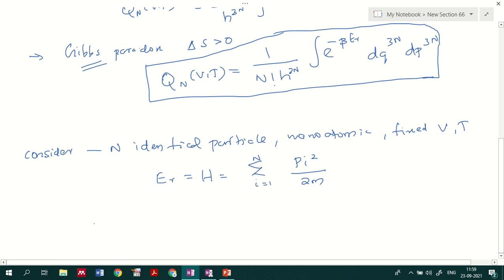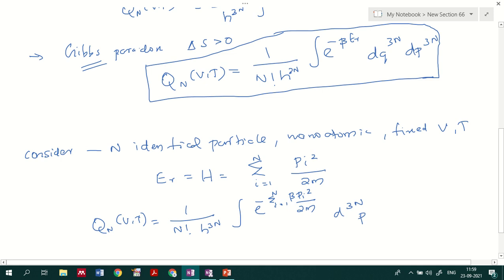Let me say that the partition function then, if I substitute this energy in the above partition function, I'll be having 1 by n factorial h raised to 3n integral e raised to minus the sum over i equal to 1 to n of beta pi square by 2m, dp raised to 3n, and let me just take the integral only for dq raised to 3n.